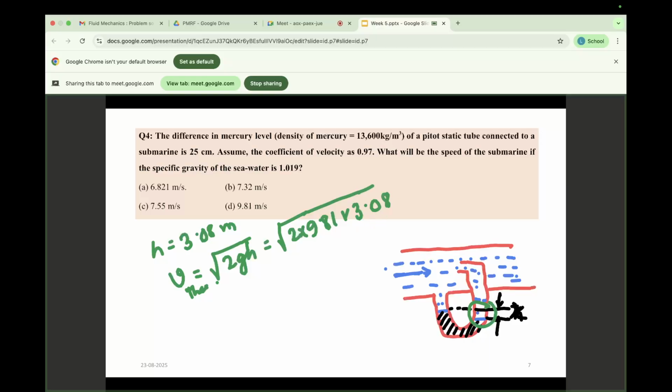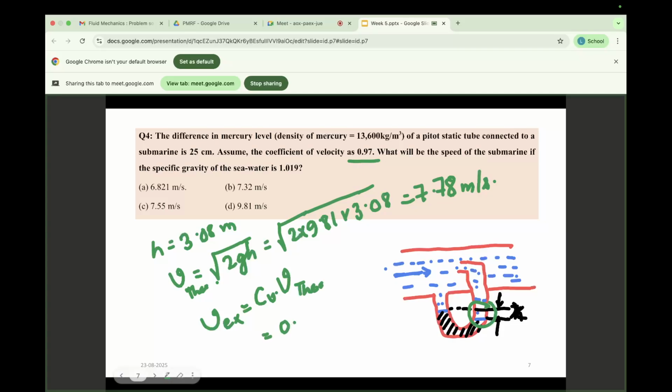So you will get a value of around 7.78, right? But in this question the coefficient is there. That means in this tube there is some error. So that's why the formula: experimental equals C, the coefficient, into the theoretical velocity.